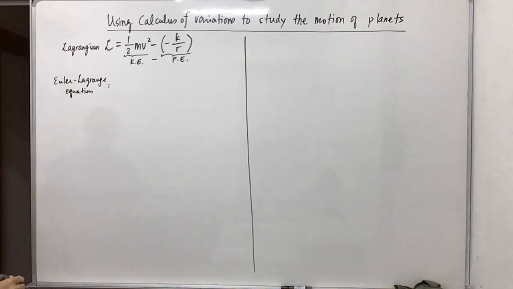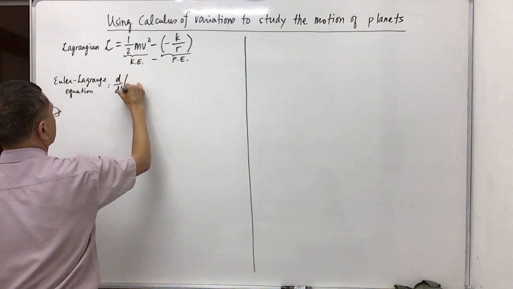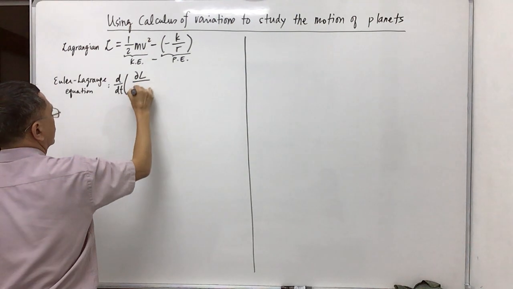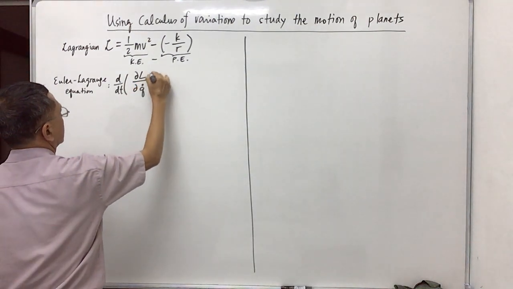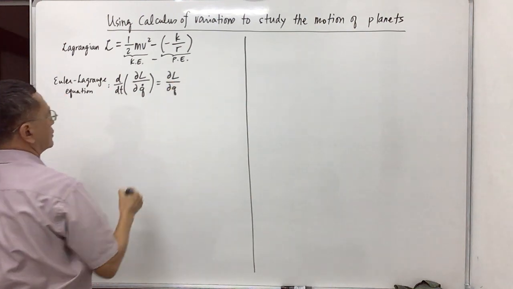The Euler-Lagrange equation says that the derivative d/dt of the partial derivative of L with respect to q dot equals the partial derivative of L with respect to q.